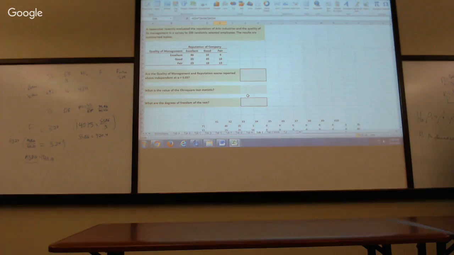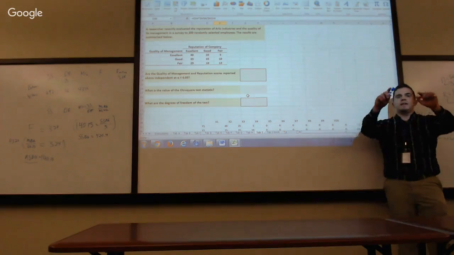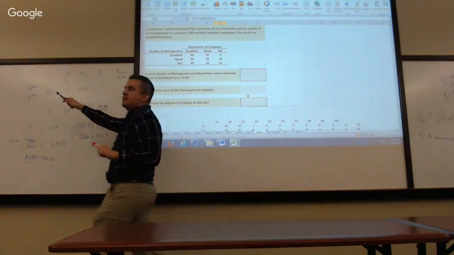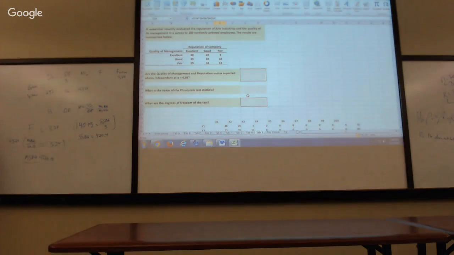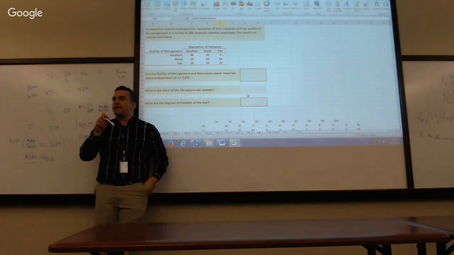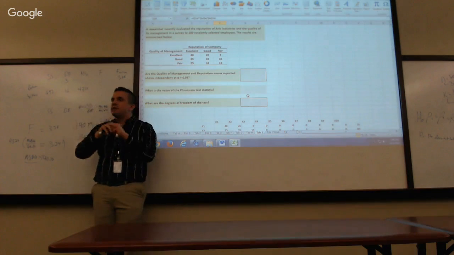No. The p-value is smaller than alpha, so independence would mean that the mean for each factor would be equal to one another. That would be our null hypothesis. So our null hypothesis is independence. Independence meaning your reputation does not affect the quality of your management skills. They're independent of each other. What we said was we rejected that null, and we said that your reputation does affect the quality of your management skills, effectively making them dependent on each other.